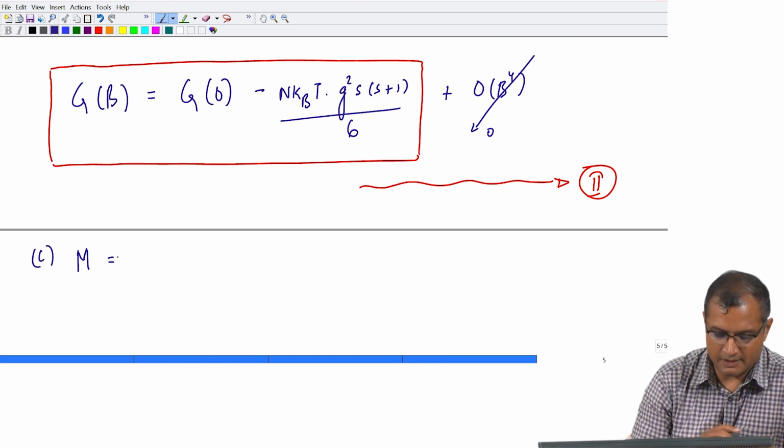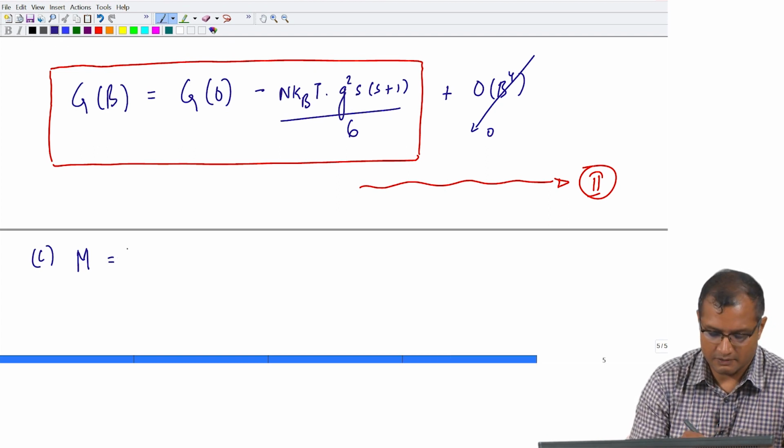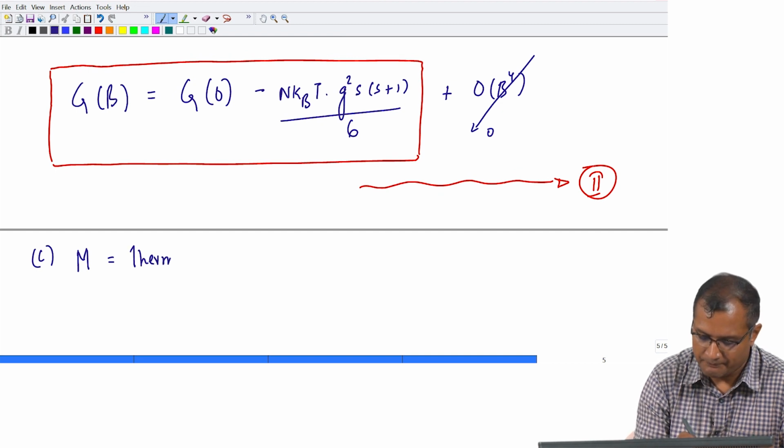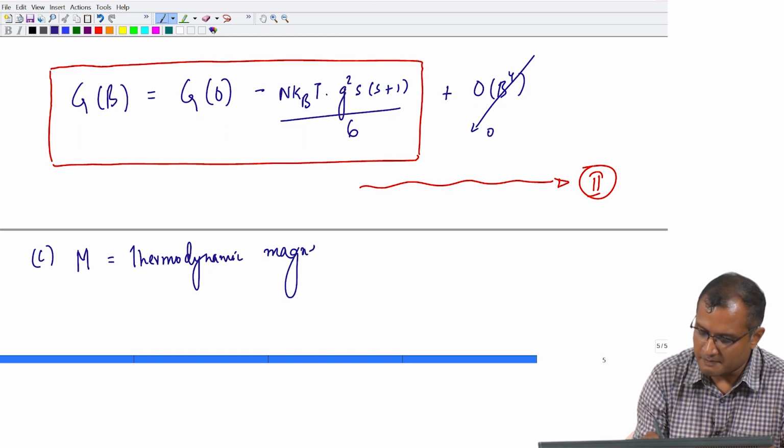And the magnetization, the thermodynamic magnetization, this is thermodynamic in nature. This is not the instantaneous magnetization. Okay.